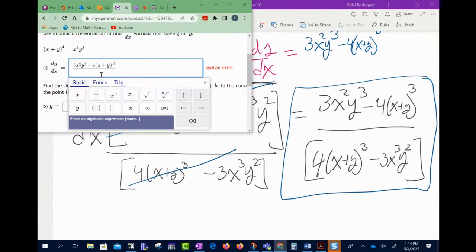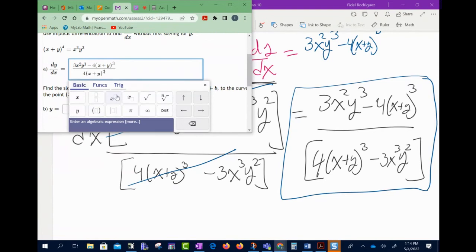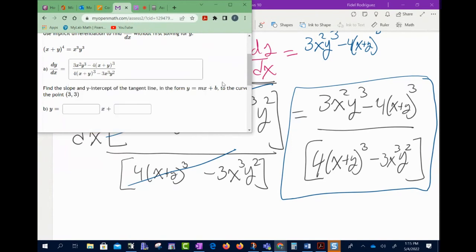And on the bottom, I have a 4, parentheses again, x plus y, outside of that is also a third, minus 3x to the third y squared. Okay, so I got that part done.